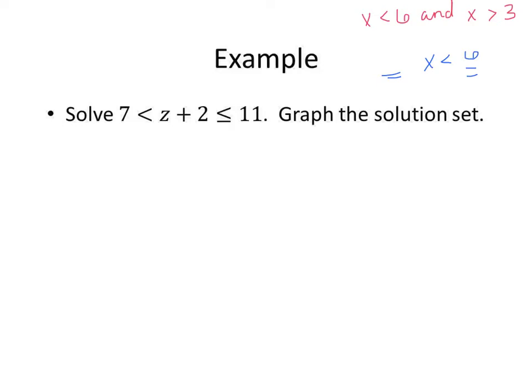Notice that both those inequalities are in there. Here the less than side was by the x, and it still is right there. And here the greater than side was by the x, and it still is over there. So this is how you should always write your answer to an AND inequality.